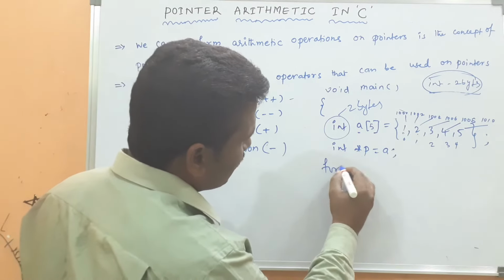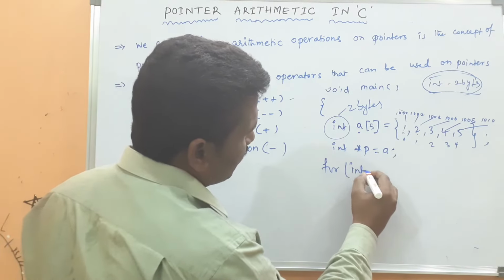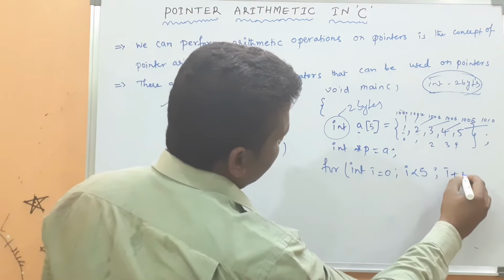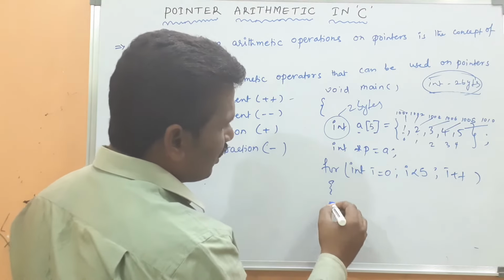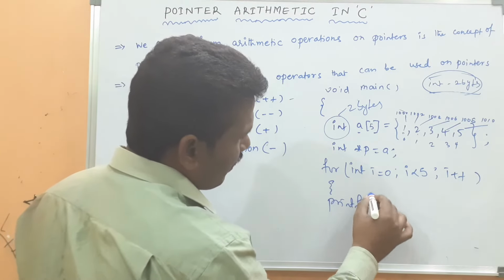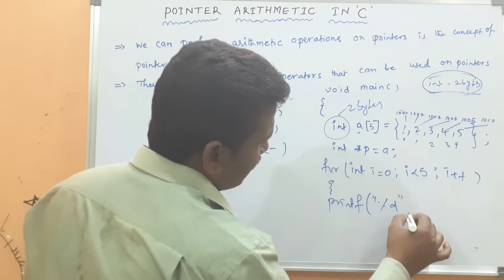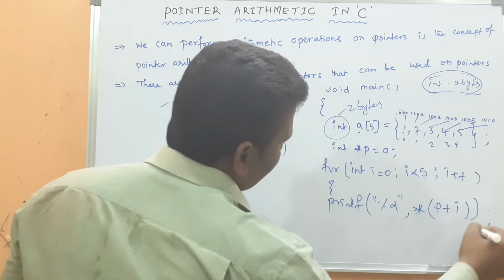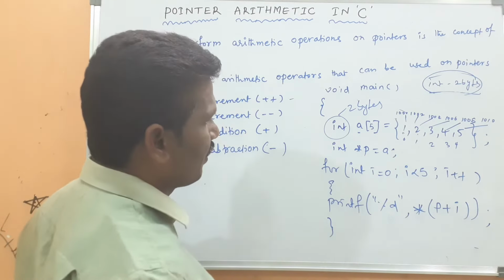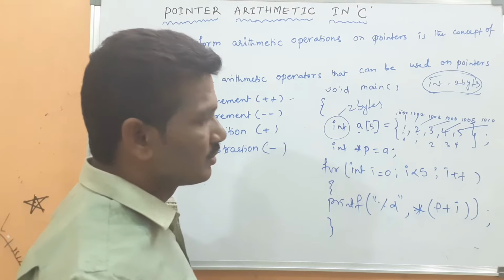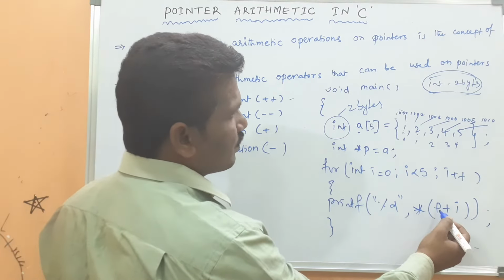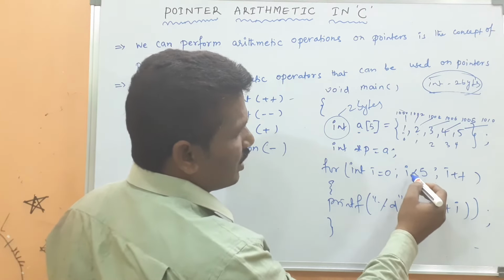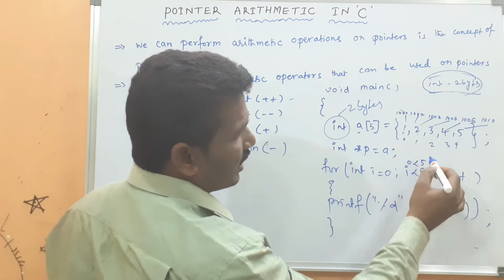Then for int i equal 0, i less than 5, i plus plus, printf %d star p plus i. Here p is 1000 and i is 0. The condition 0 less than 5 is true.